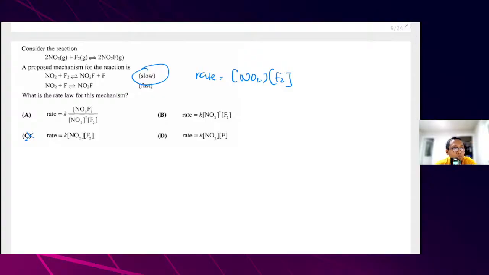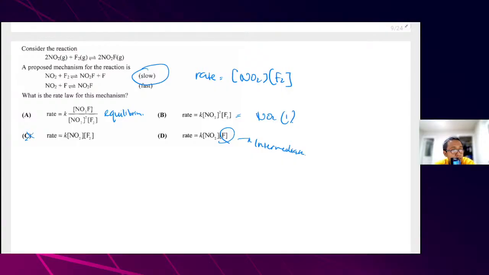Now let's eliminate one by one. This one is an equilibrium, not a rate. And this one is incorrect, because it has NO2 only. And F is an intermediate, not a reactant.